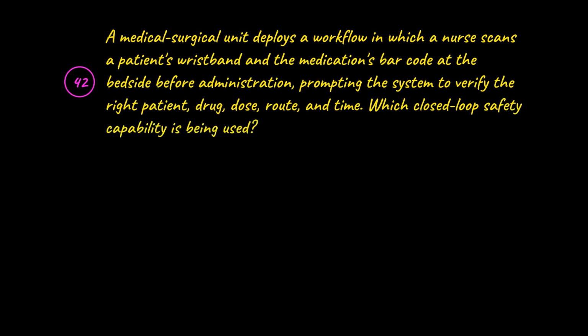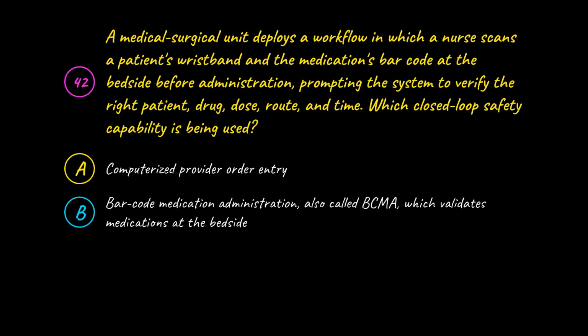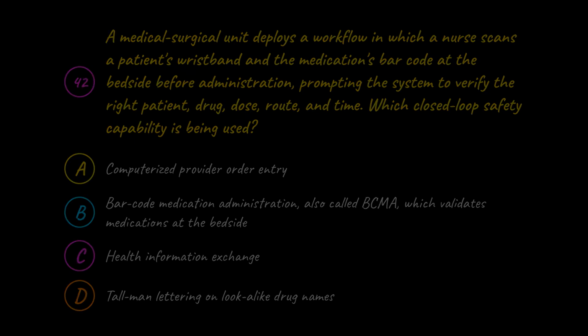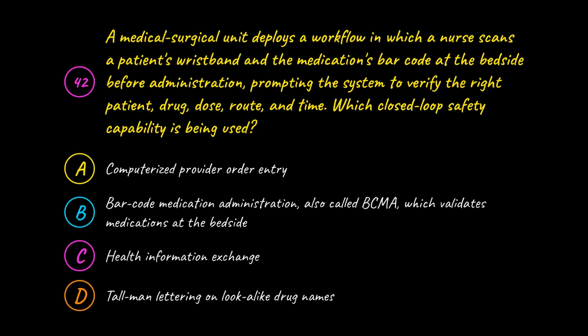Your options are A. Computerized provider order entry, B. Barcode medication administration, also called BCMA, which validates medications at the bedside, C. Health information exchange, D. Tallman lettering on lookalike drug names. Take a second. Which answer would you pick?